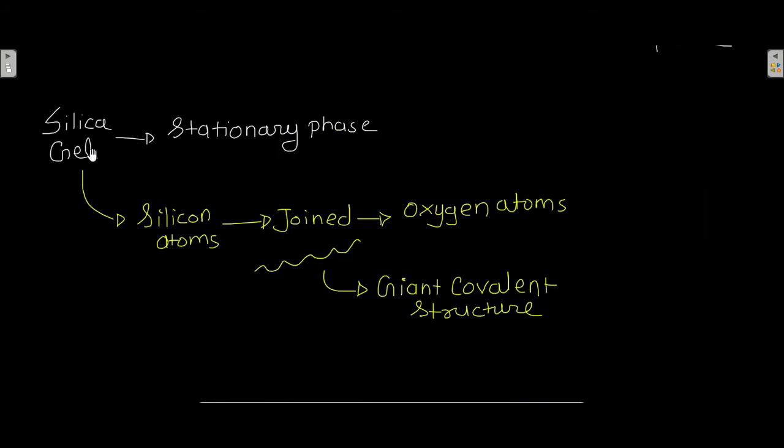Most commonly, silica gel is used as a stationary phase. Silica gel is a giant covalent structure in which the silicon atoms are joined via oxygen atoms, and it is the most common stationary phase that we use.